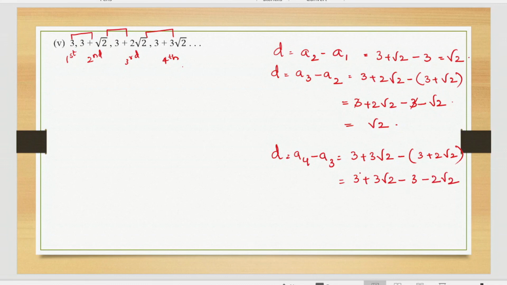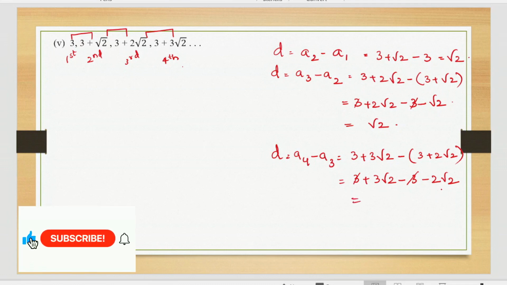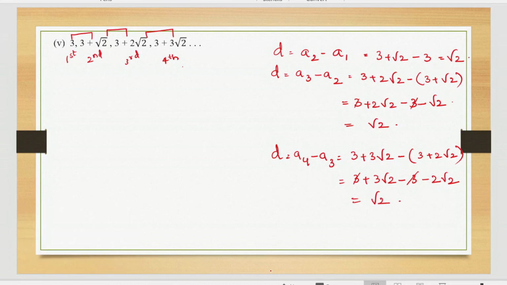So 3 minus 3 is 0. So next you have 3 root 2 minus 2 root 2, which is 1 root 2, which is root 2. Okay, so we can see that all the common differences are the same for this list of numbers. So we can say it is an AP with the first term a equal to 3 and common difference d equal to root 2.